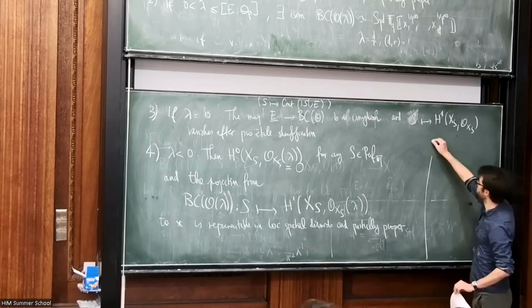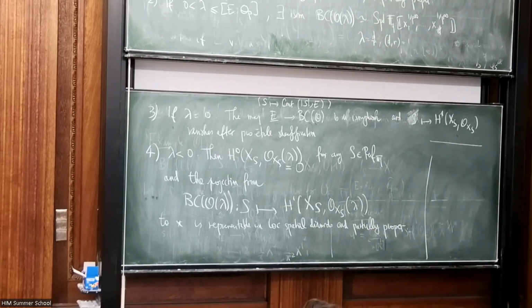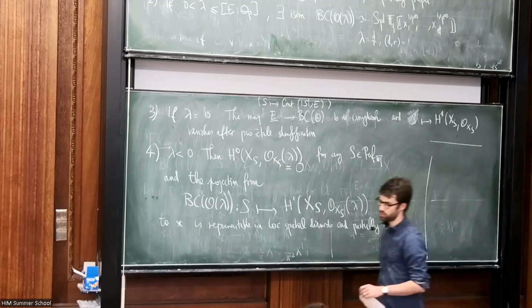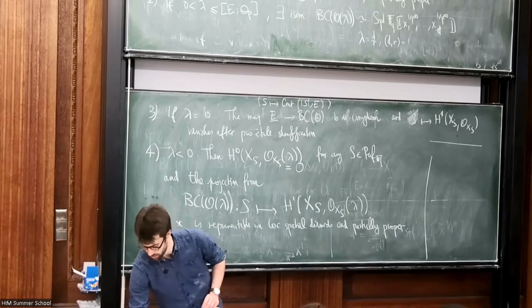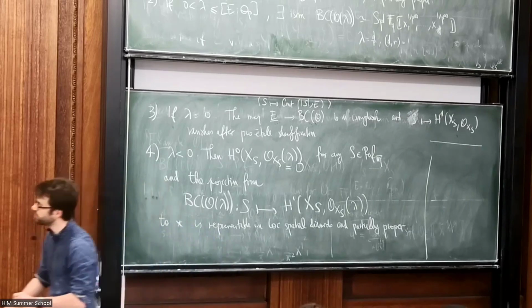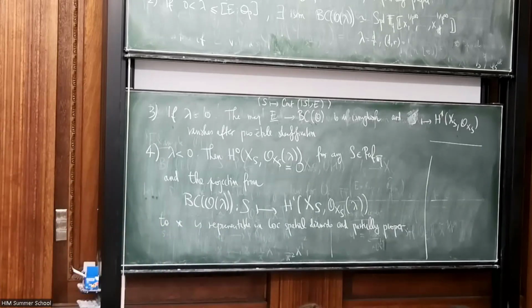So maybe let me just take 1 more minute just to give one example. Basically the proof involves some explicit computations, but most of the argument is some kind of dévissage from the case of BC O1 and using this short exact sequence.